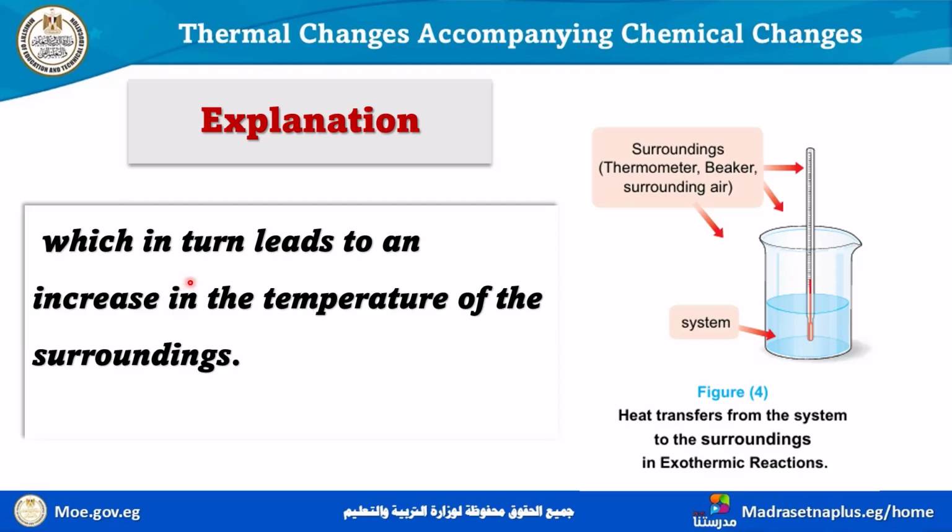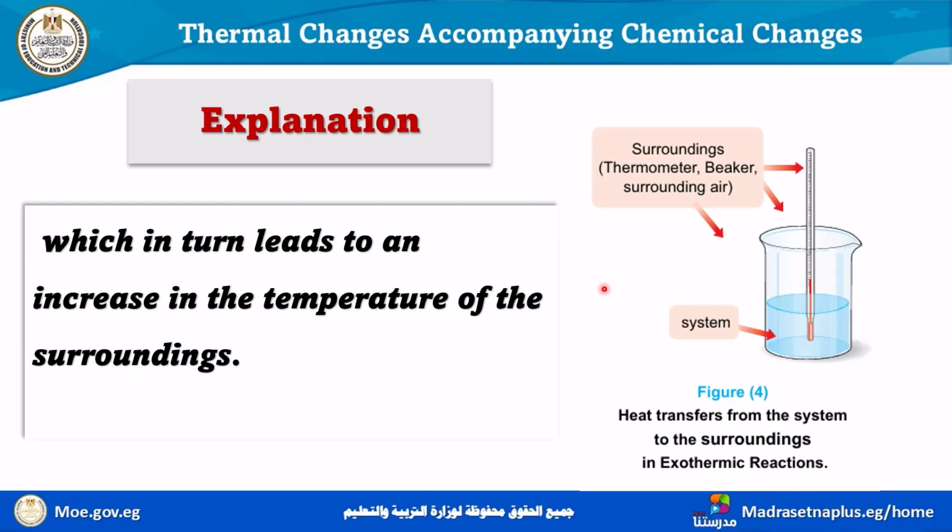This in turn leads to an increase in the temperature of the surrounding. This is our system, where heat transfers from the system to the surrounding. In this case, the reaction is an exothermic reaction.